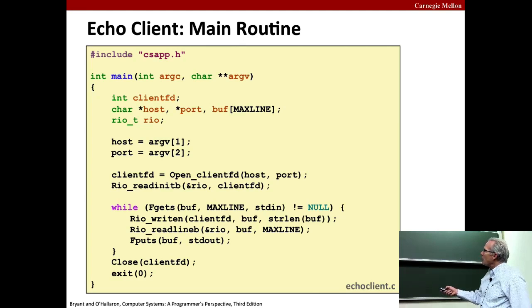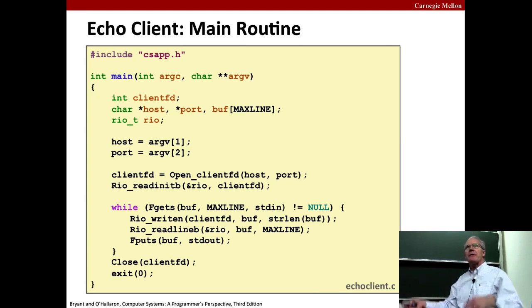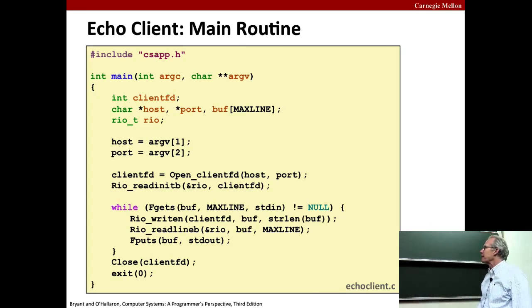And Rio, as you call, has embedded within it what file descriptor that read is using. So I'll say read from that particular file descriptor, fill the results back into this buffer. So I'm using buff both as a sending buffer and a receiving buffer.